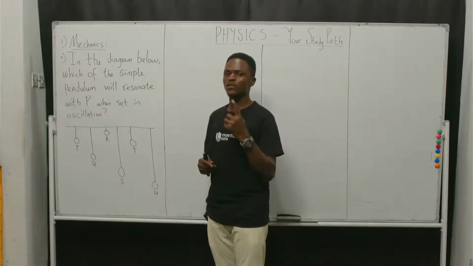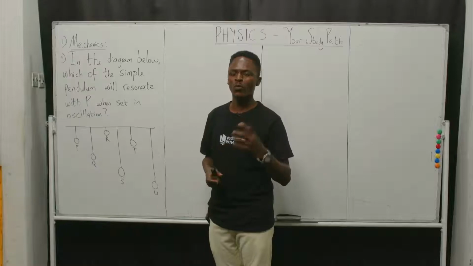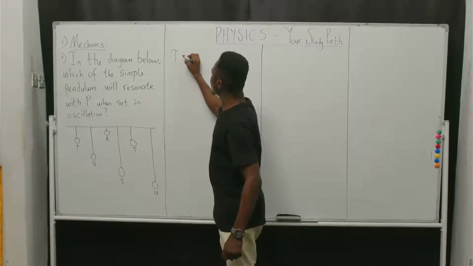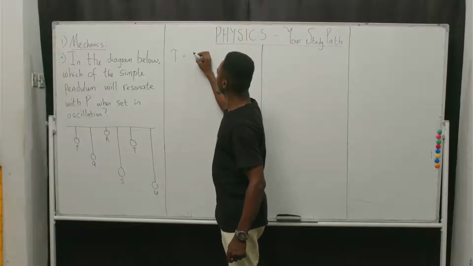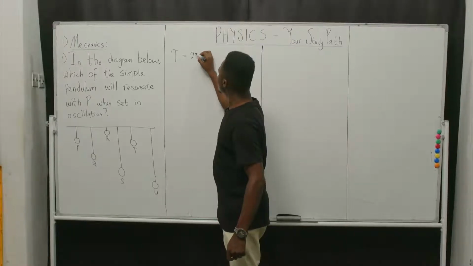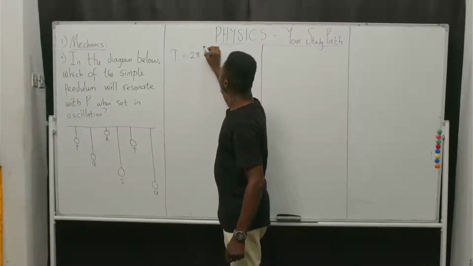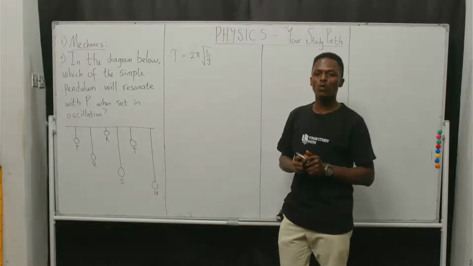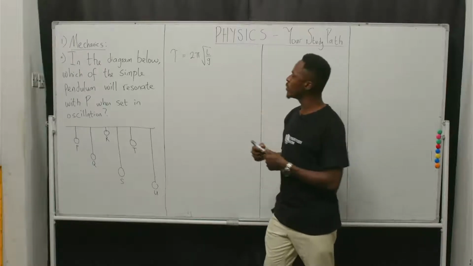Among the things we know under simple pendulum is that the period of oscillation is 2 pi square root of L over g, where L is the length of the simple pendulum.